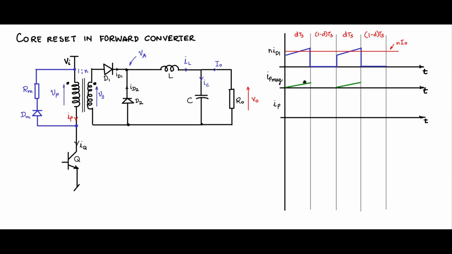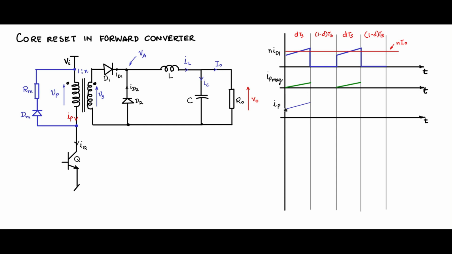So this magnetizing part, I am actually showing a bit zoomed. It will actually be much smaller compared to the value of N ID1. So let us say this is the N ID1 part, which I am writing down here.